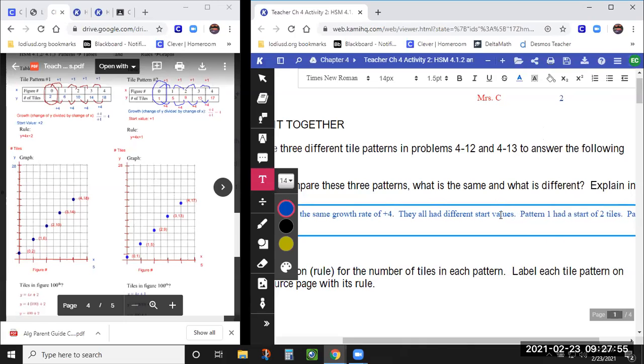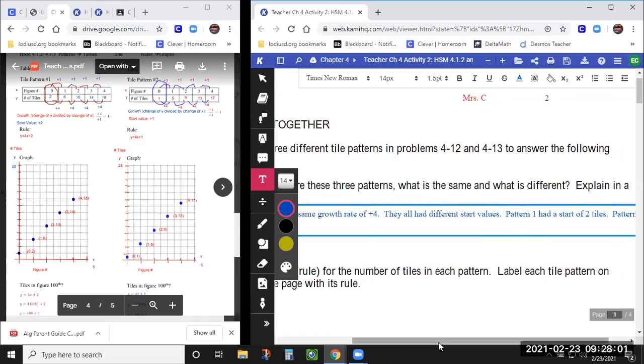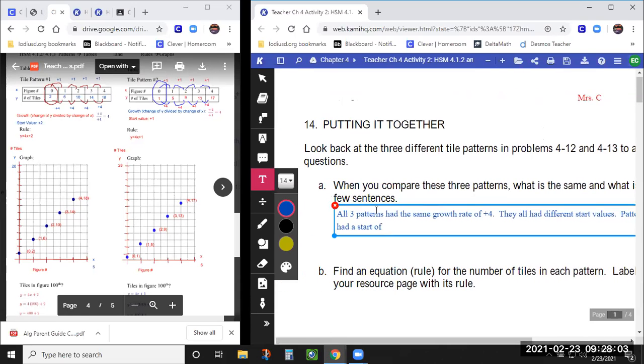One what? What thing? One thing of what? Look at what we said for pattern 1.